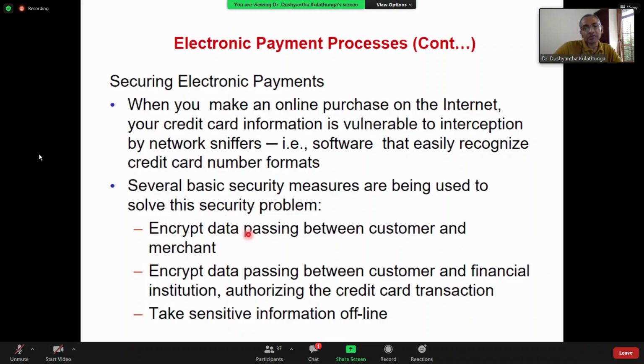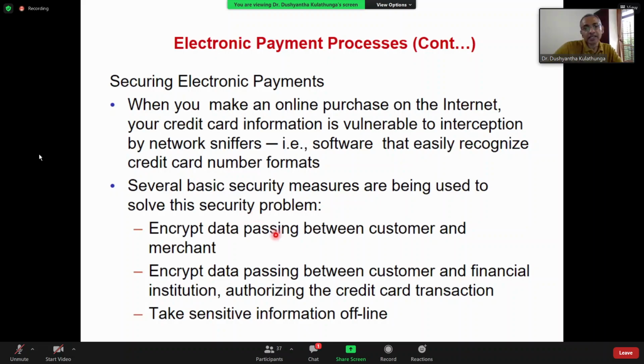Encrypting data passing between customer and merchant means before the customer sends some information, that will be encrypted from the customer's end. So the information that is communicated by the customer will be transformed into an unrecognized format before it is communicated.